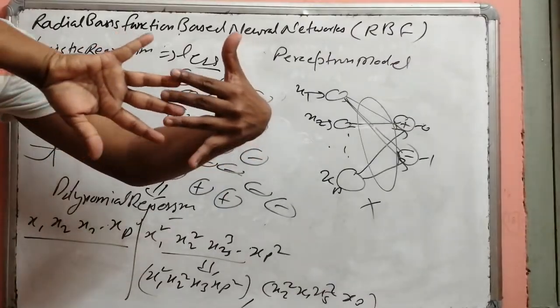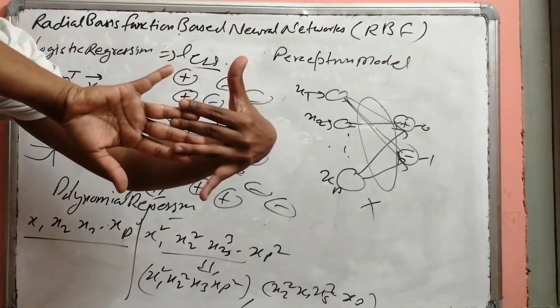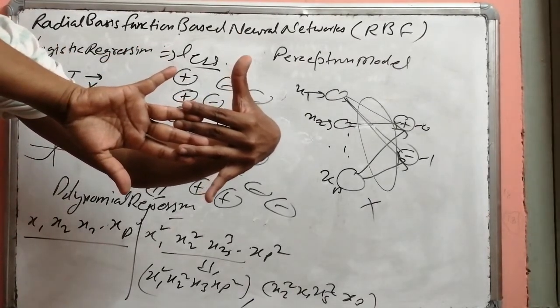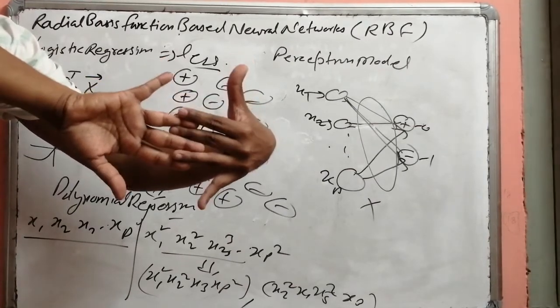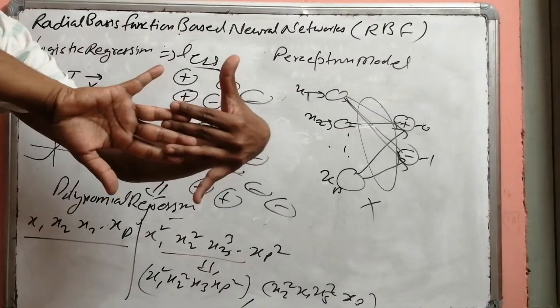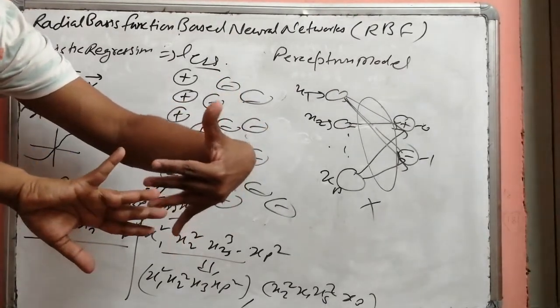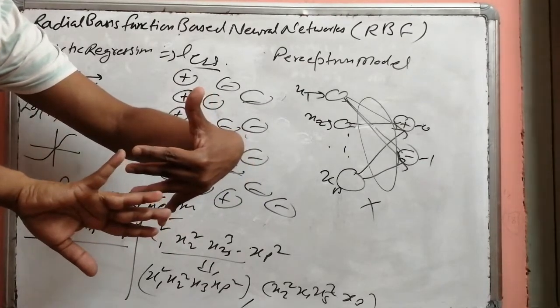But now suppose our patterns are like this, then we just cannot draw any line that separates these two kinds of patterns. But now think about some other dimensions. Think about the addition or existence of a third dimension, that is, think about this third dimension z.